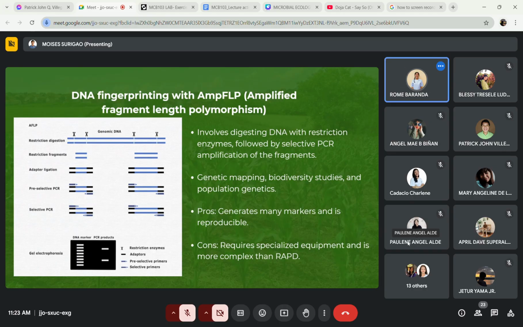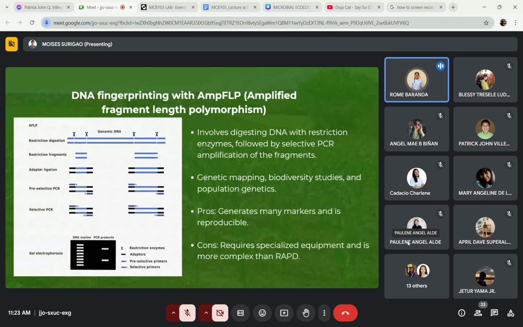So, the process starts with the DNA extraction. Then ma-subject siya sa restriction digestion, yung i-cut ng restriction enzymes yung sequence. And then magkaroon ng ligation, which is mag-add ng short double-stranded sequences.